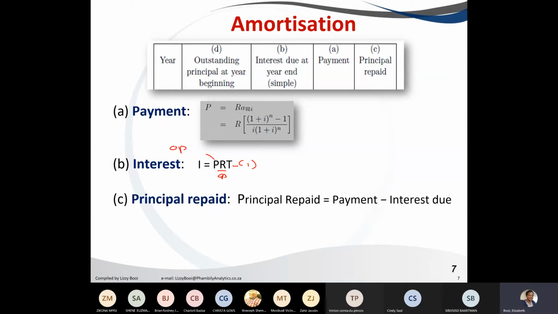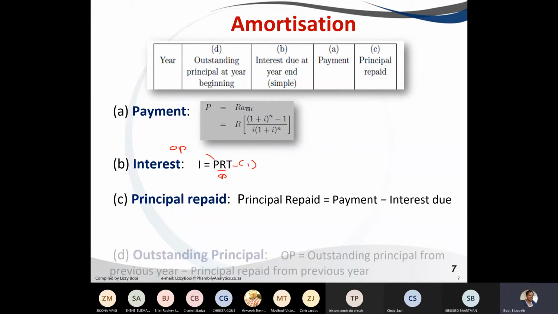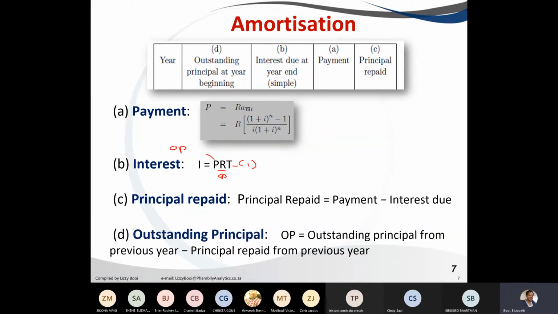Principal repaid is your payment minus your interest. It means payment excluding interest. Outstanding principal will be your previous outstanding principal minus the principal repaid. It will give you the outstanding principal or your closing balance.